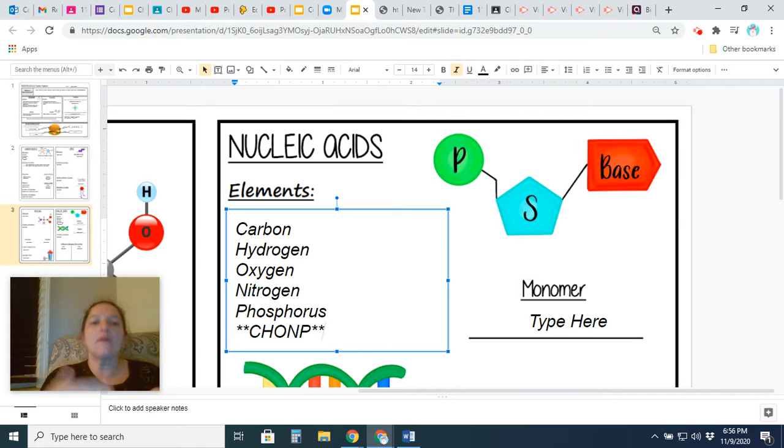So that's again carbon, hydrogen, oxygen, nitrogen, phosphorus. Okay, so these are the components of our nucleic acid.